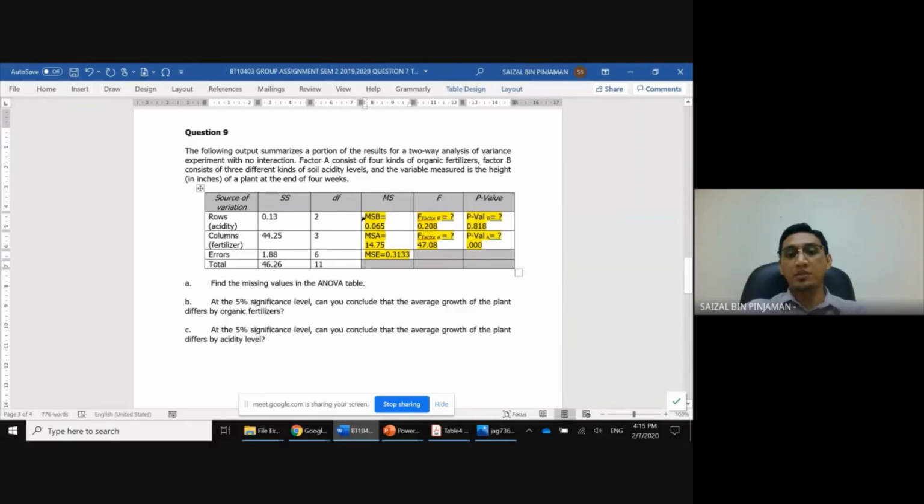For example, 0.065 divided by 0.3133 is equal to 0.208. Meanwhile, the F statistic for factor A, which is the fertilizer, is 47.08. It is the product of dividing the mean square for fertilizer by the mean square of the error. So 14.75 over 0.3133, you have 47.03.